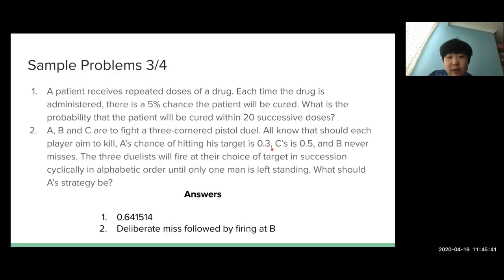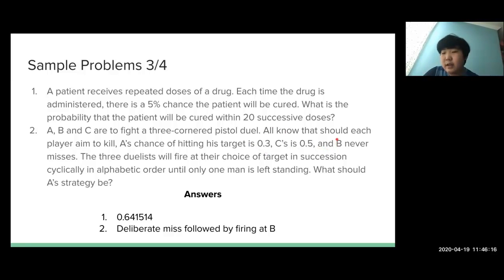And if he manages to kill C successfully, what that will mean is that B will instantly shoot A and win the duel. Meanwhile, if A should miss C with a probability of 0.7, given that everyone is thinking logically, B is going to fire at C rather than A, since C has an accuracy of 0.5 and A has an accuracy of 0.3.